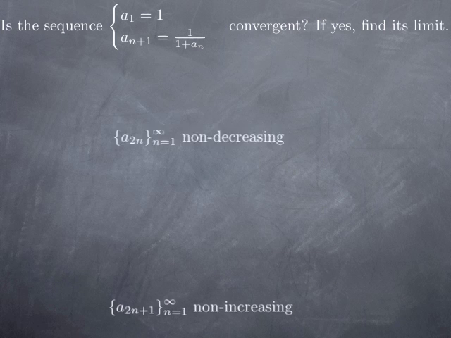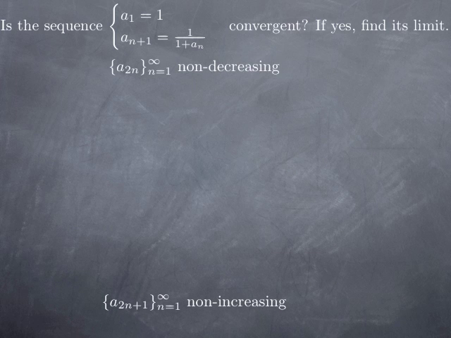Well, this is something that we should prove, and prove typically by induction. So we want to show that a indexed by 2n plus 2 is greater or equal to a indexed by 2n. Of course, I'm replacing n by n plus 1 in a indexed by 2n, and I get 2n plus 2.